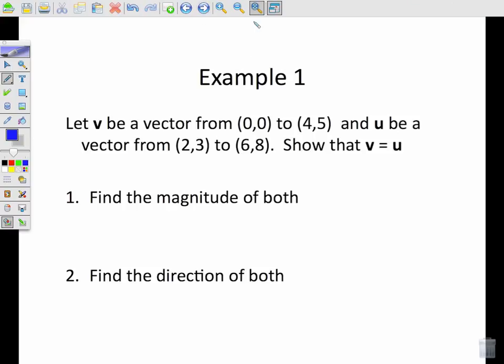All right, first example says, let vector v be a vector from the origin to the point 4, 5. Let me go ahead and plot this out.